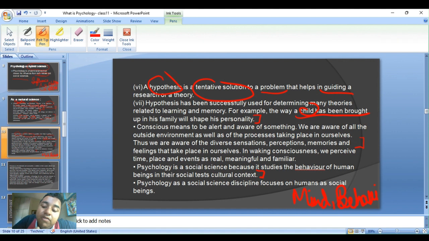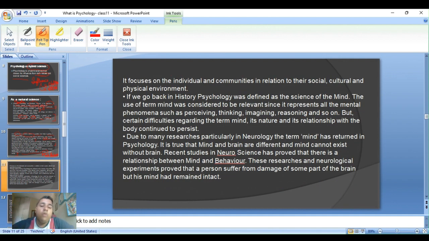So of human beings, psychology as a social science discipline focuses on humans as social beings. Humans, हमारे में focus ज़्यादा होगा, and social beings. It focuses on the individual and communities in relation to their social, cultural, and physical environment.